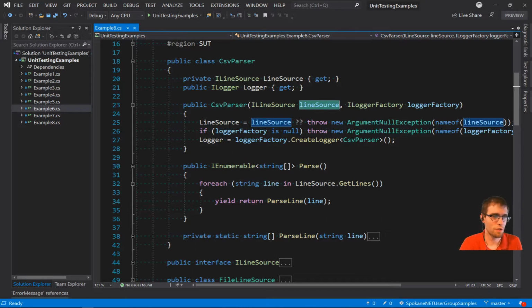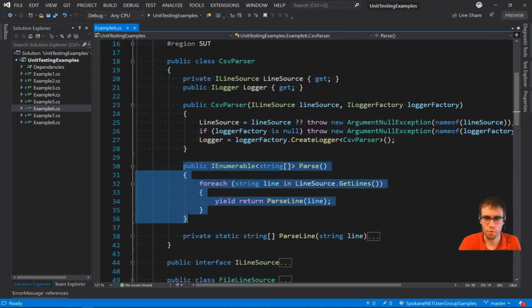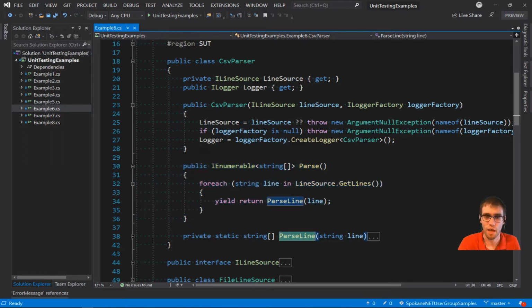As far as coming up with the actual test, generally I try to look through the public API. I do not encourage people to test things that aren't effectively public, right? I'm not testing parse lines directly. I'm only ever calling parse. And look for effectively the conditions, and write tests to try and cover each of those conditions.